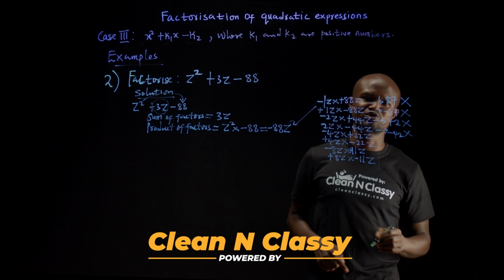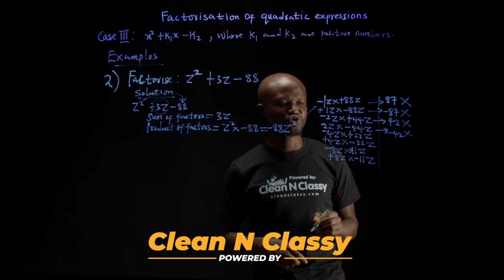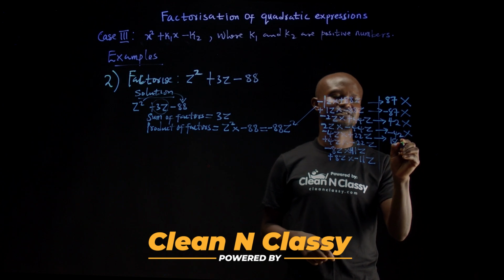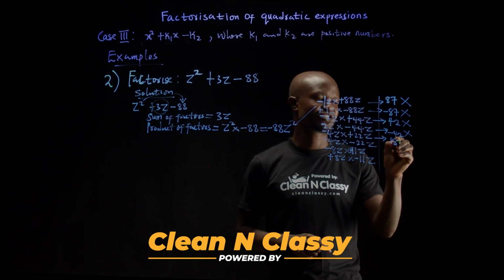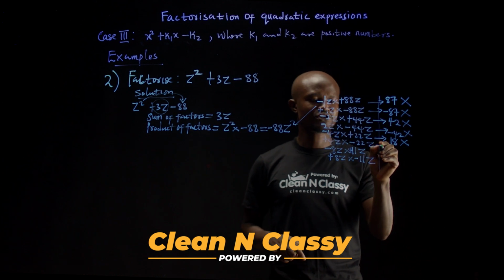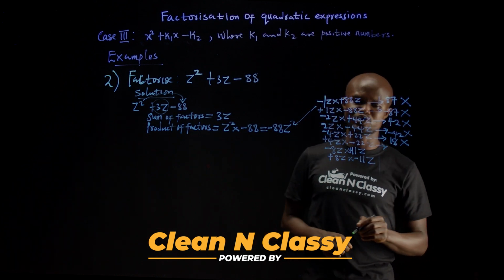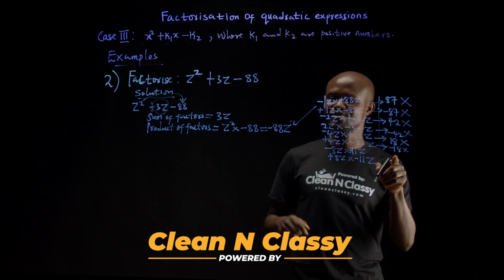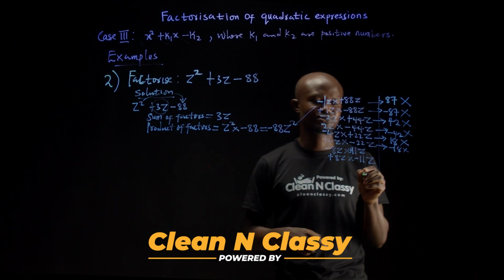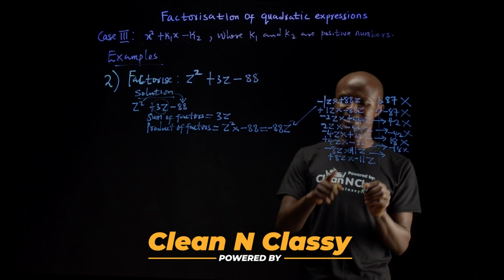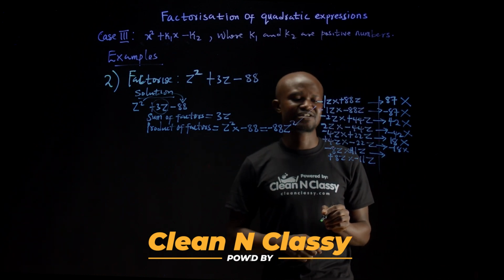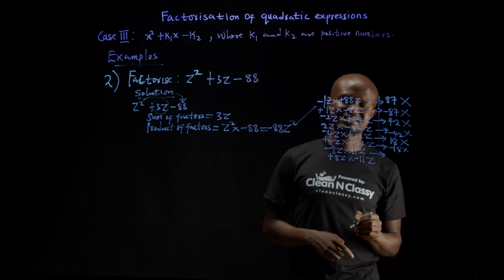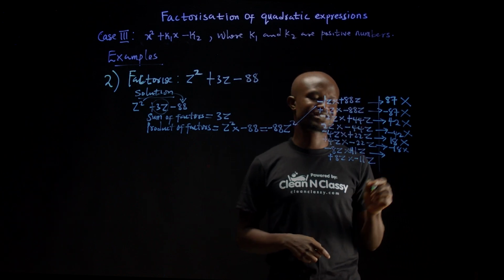Minus 4 plus 22 is the same thing as 22 minus 4. That is 18. Does not satisfy the sum condition. Also, 4 minus 22, that's minus 18. This does not satisfy the sum condition either. Now the next one, minus 8 plus 11 is the same thing as 11 minus 8.